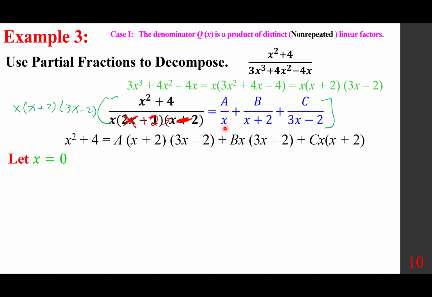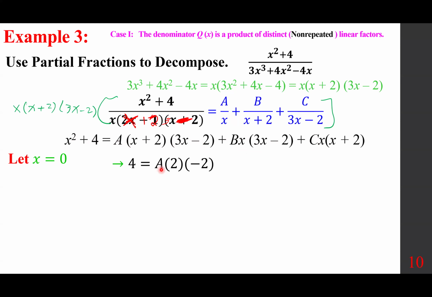Again, remember, you can't choose x equal to 0, but it doesn't matter here because we want an easy way out. So if you choose x to be 0, this goes to 0, this goes to 0 because it has a factor of x. So 0 squared is 0, plus 4; x plus 2 is 2, 3 times 0 minus 2 is minus 2. So one more time. Plug in 0 here, you get 4.